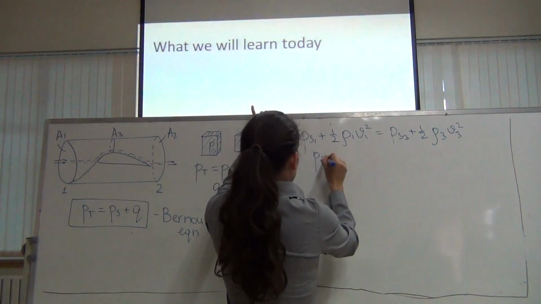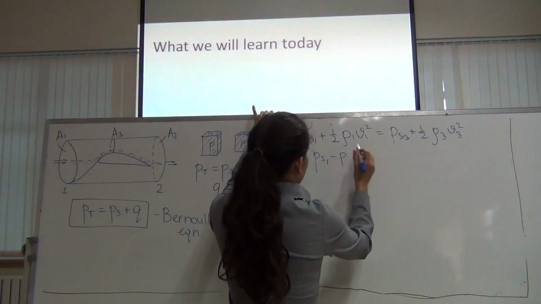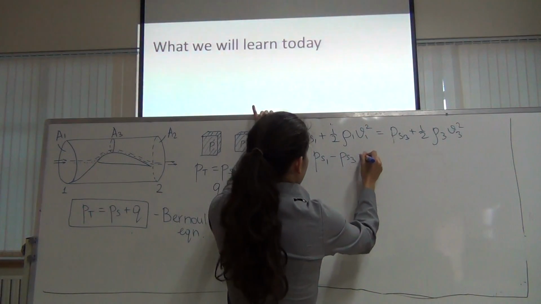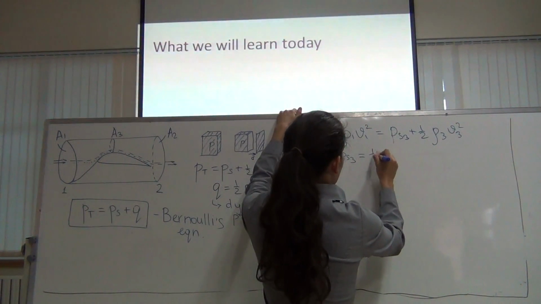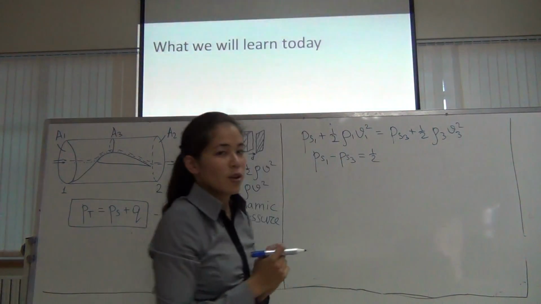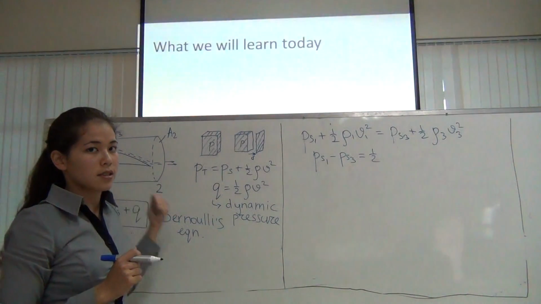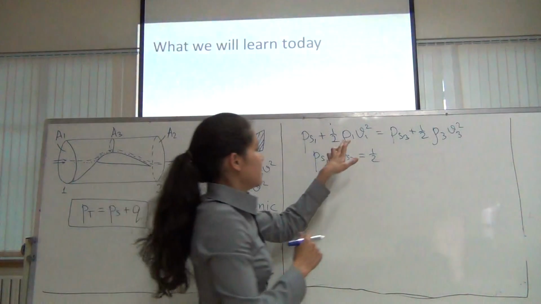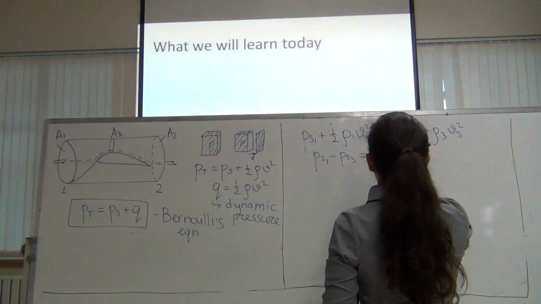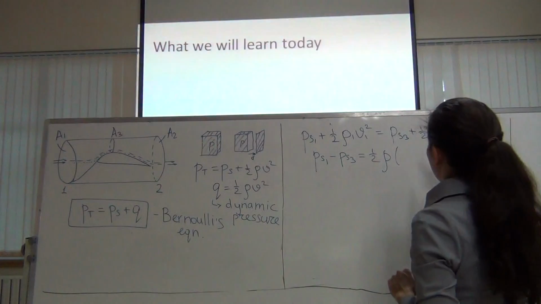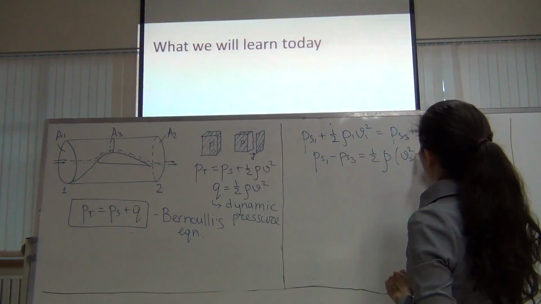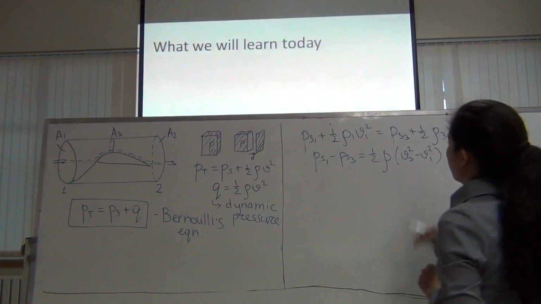So this will give us P static 1 minus P static 3 equal to 1/2, and we assume that this is incompressible flow, which means the density is constant. So we can assume density is equal to rho everywhere, and we have velocity 3 squared minus v1 squared.